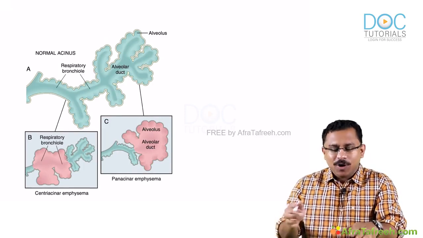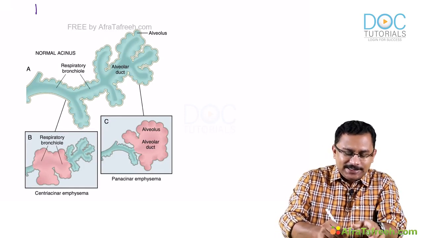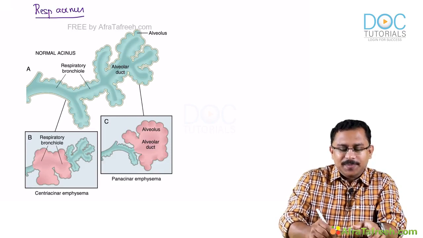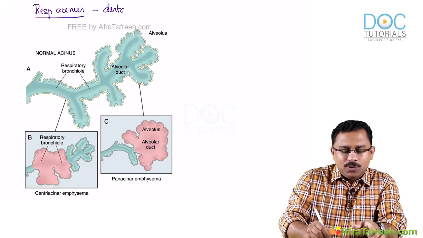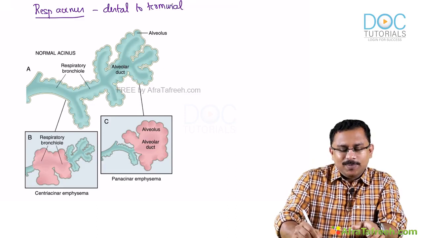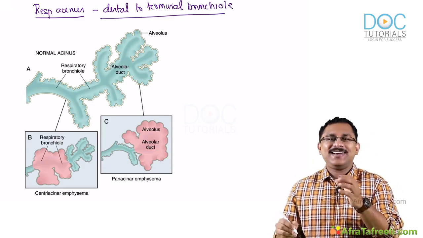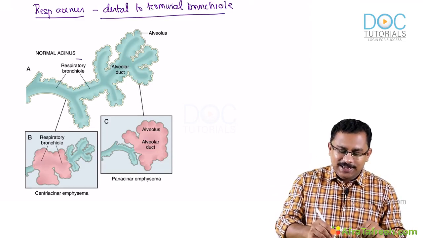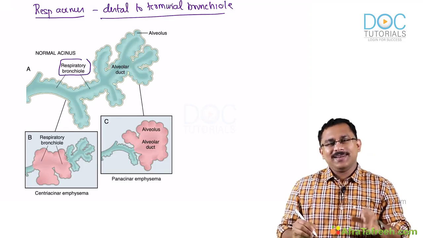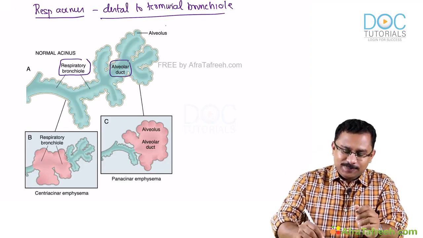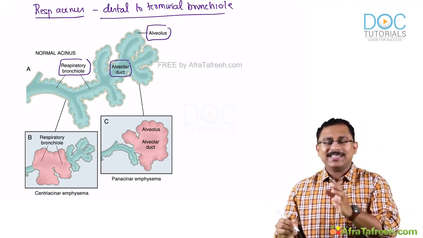If you ask me what is this respiratory acinus, it is that portion of the respiratory tree that is distal to the terminal bronchiole. So, what are the components? It includes the respiratory bronchiole, the alveolar ducts and the alveoli.